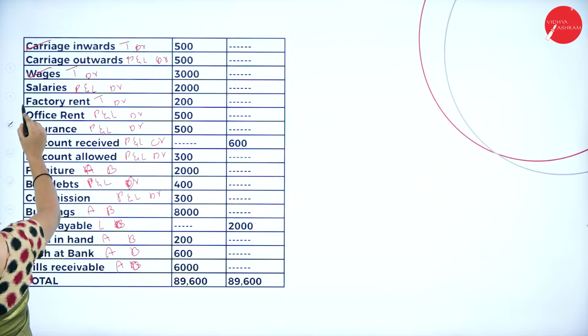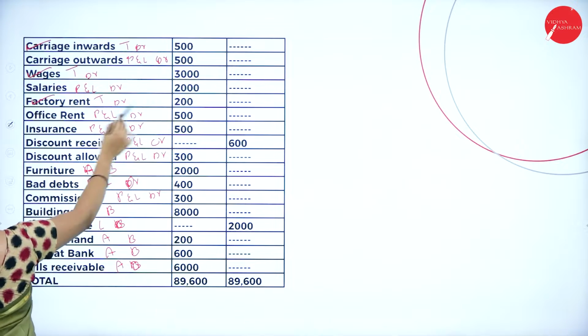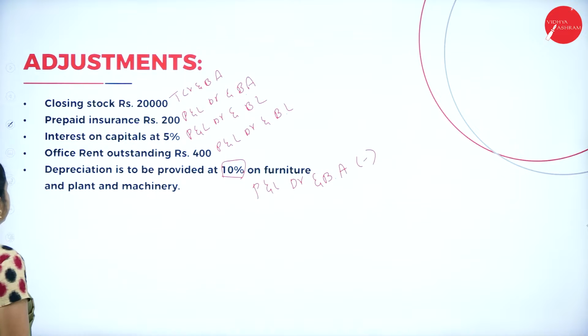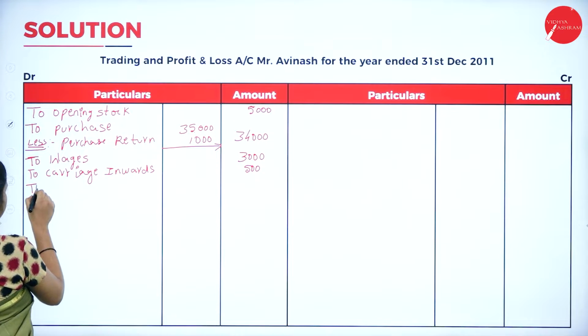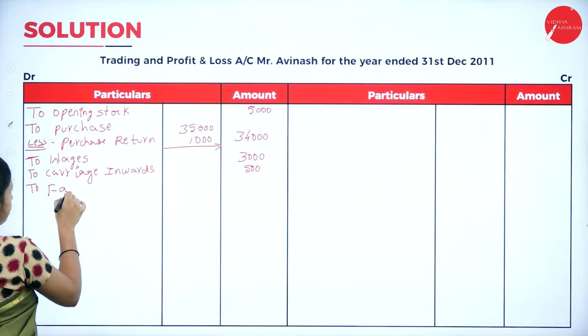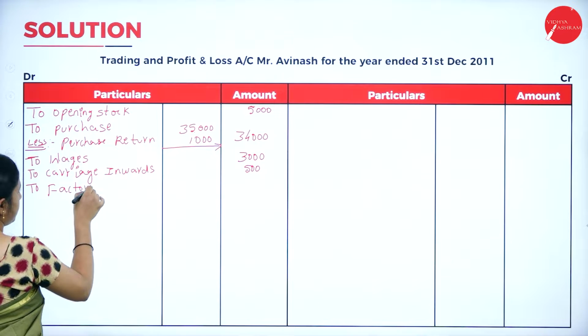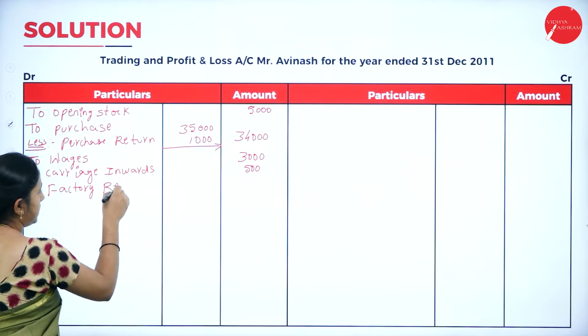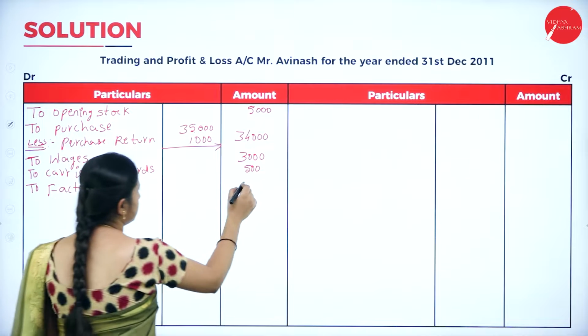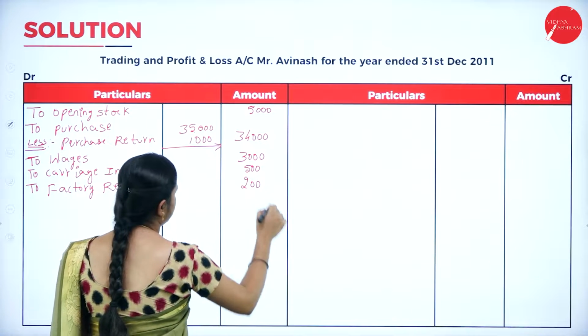Next, factory rent 200. Factory rent 200.